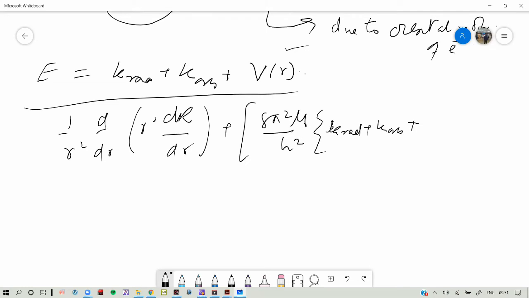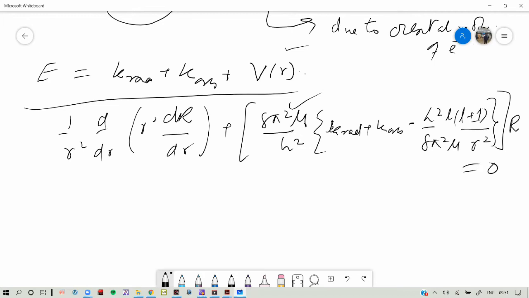Then minus h square by 8 pi square. I have taken common h square by 8 pi square by mu, then multiplied here its reciprocal to balance the equation. This is L into L plus 1, is equal to 0.